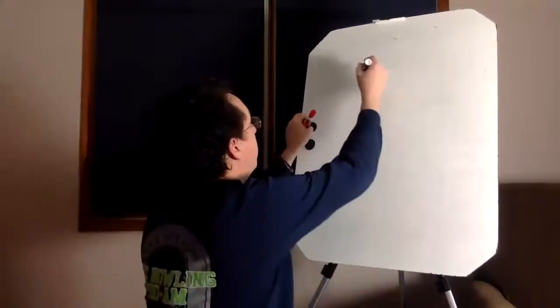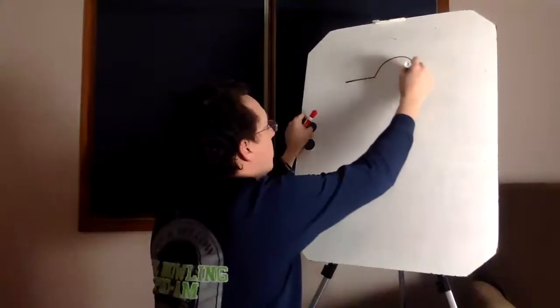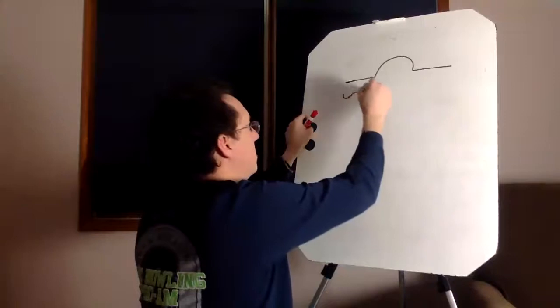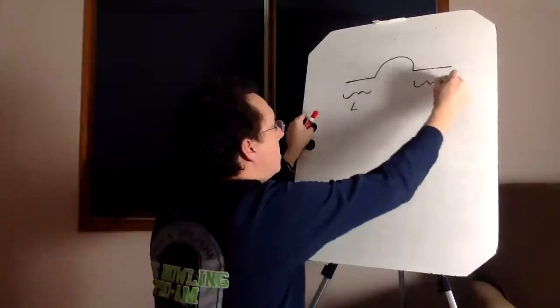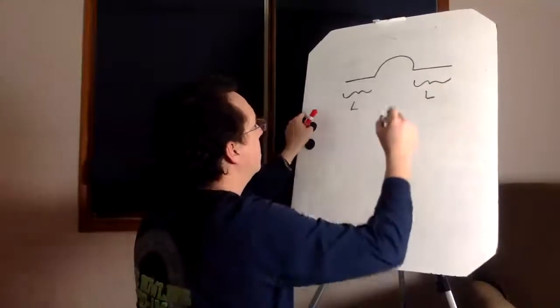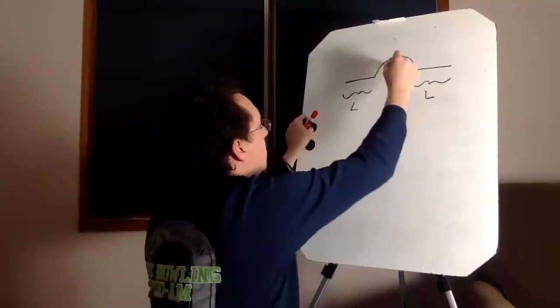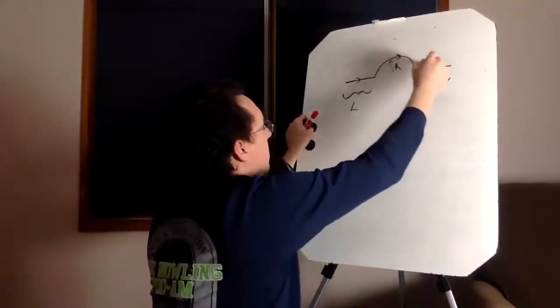All right, so the example I want to work out is the following one. We're going to have a wire, and it's gonna have this weird shape. I don't know. Everyone in the world does it, so we'll do it too. I don't know why it's so important. Length L, length L. We're going to say that this is on a half circle of radius R. We're going to say the current is going this way.